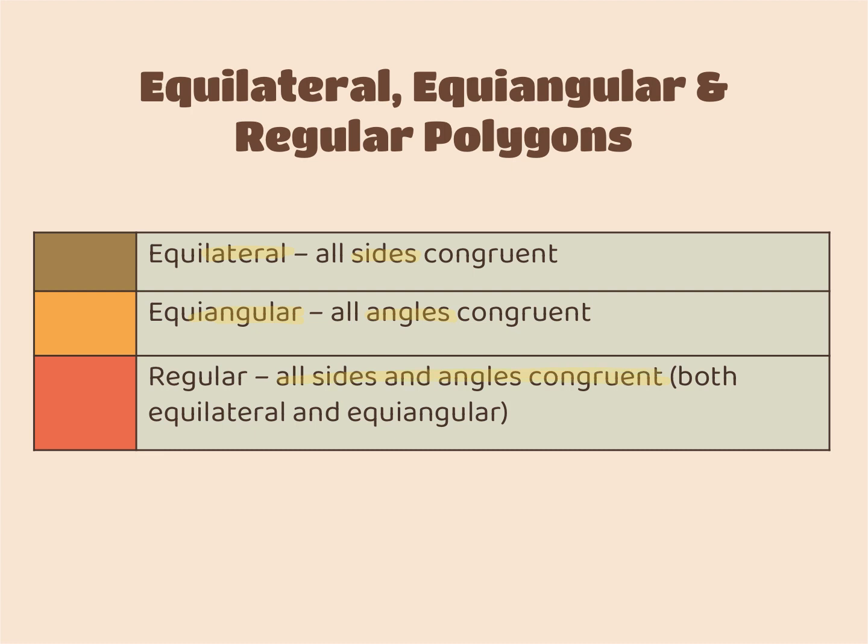That means it's both equilateral and equiangular. Please make sure you remember that. It's only a regular polygon if all the sides and the angles are congruent. Congruent, if you forgot, means equal. And we'll go ahead and write it. Again, that makes it both equilateral and equiangular.